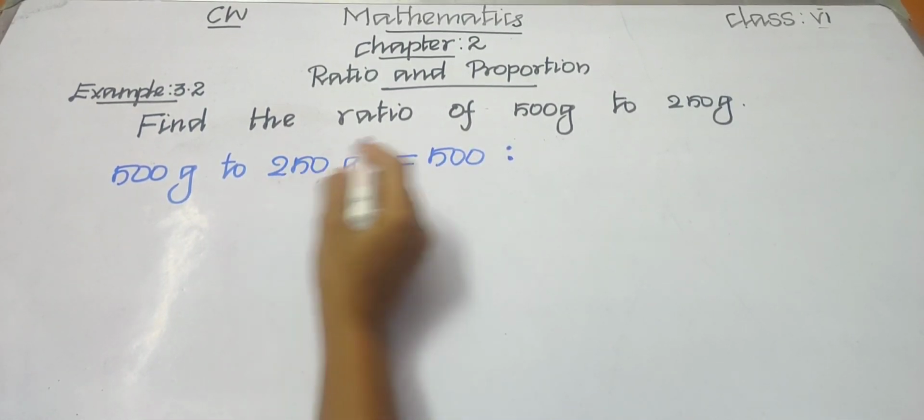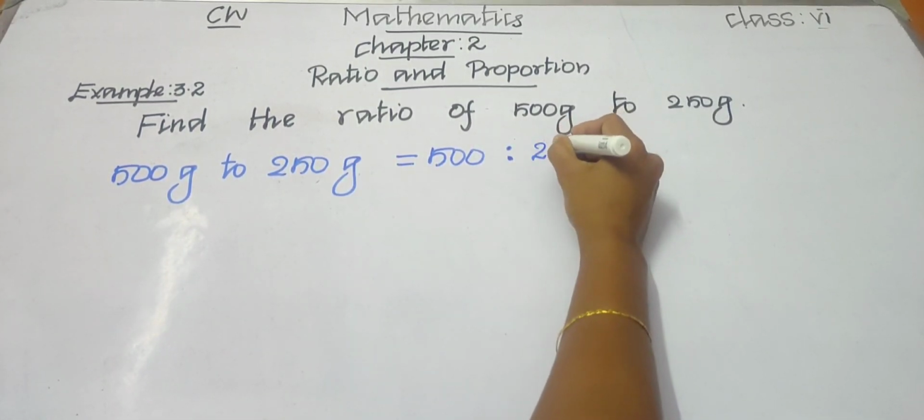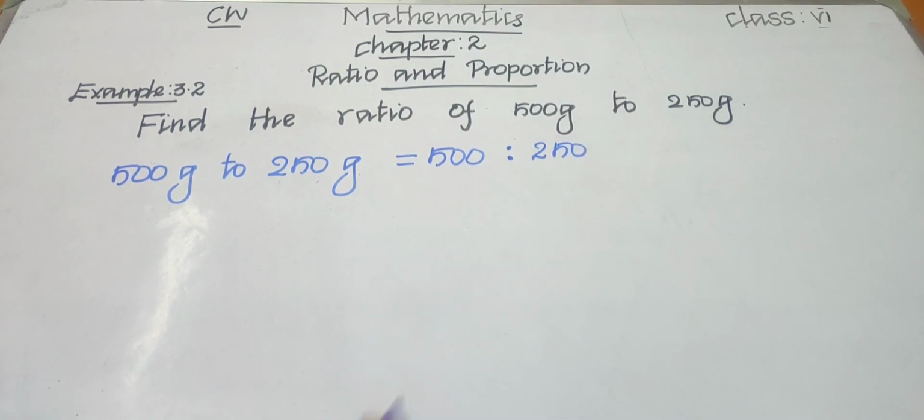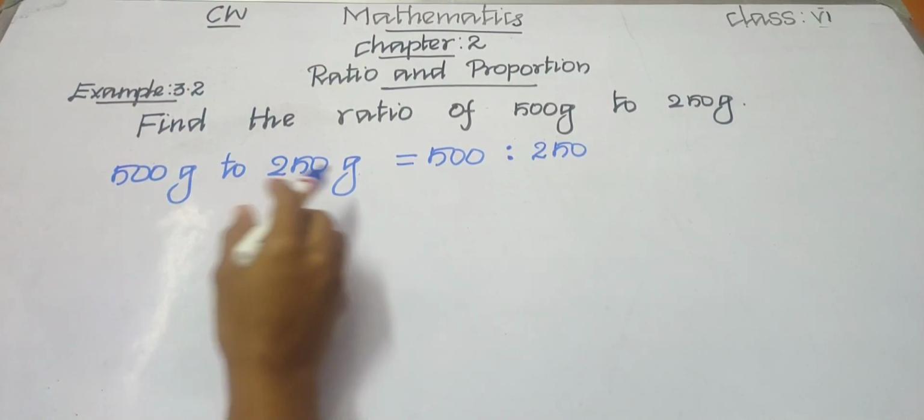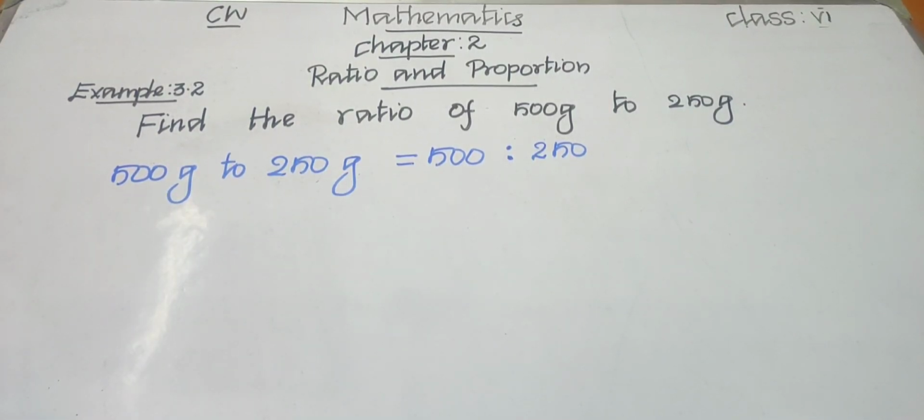Here we have 250 as the second term, right? So 500 is to 250. Simply we removed the grams and returned the same terms as 500 is to 250 in the ratio. Is it clear, children? And then what we need to do?